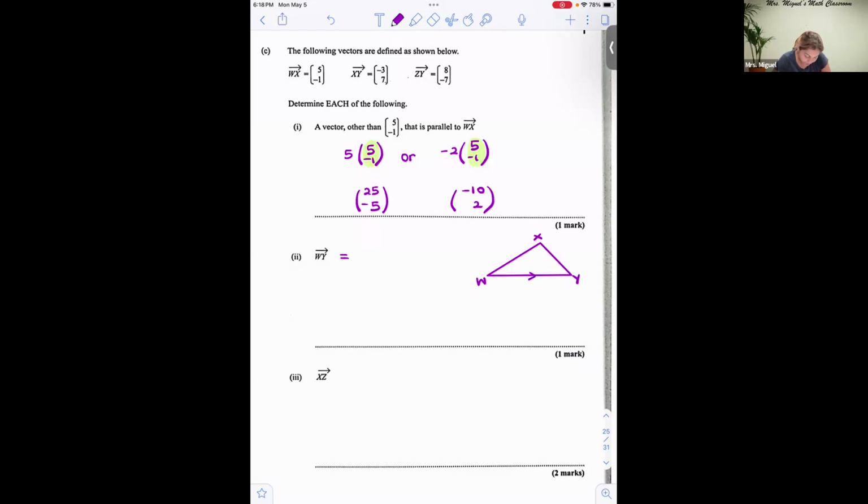So write for me which two vectors you're going to use to get Wy. And remember, if the vector is traveling in the same direction, it is the same. If you're going in a reverse direction, the vector is going to be negative. So I've given you a minute or two to work out Wy.